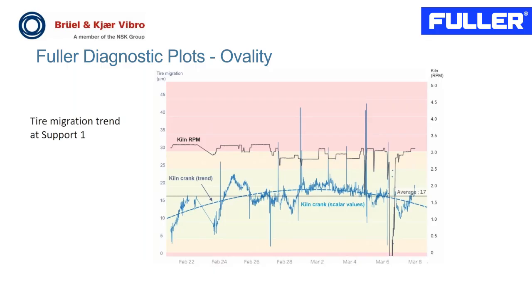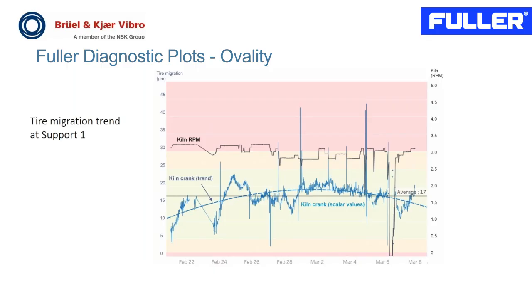Then we can see rapid temperature increase on the kiln shell, whereas the tire has a larger mass and therefore takes more time to heat up. This temperature difference can lead to constriction, which means that the live ring migration or the tire migration becomes low.